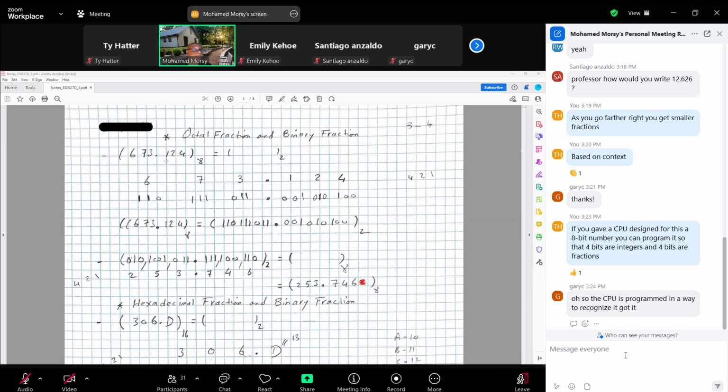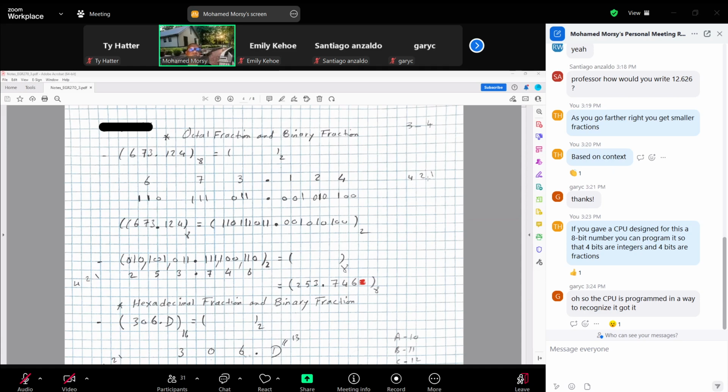Octal fraction: like we did before, we need to convert this to binary. We put the number 376 here, and we put the corresponding binary number. For octal, we represent each digit in 3 bits, so the weights are 1, 2, 4, or 2 to the power 0, 2 to the power 1, 2 to the power 2.